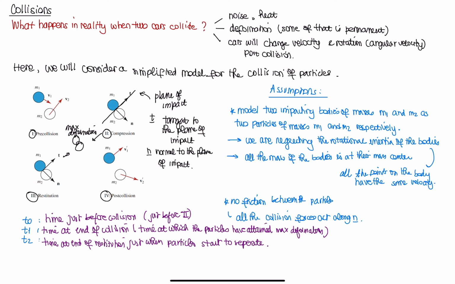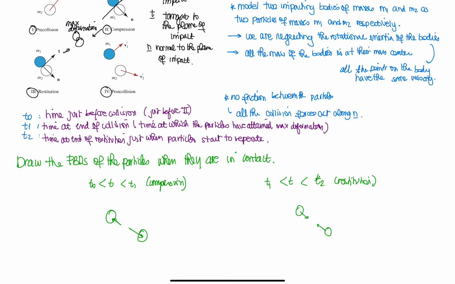I'm not sure if we can think about it this way, but you can think of a resultant restitutive force on each particle, and from our previous assumption there is no friction between the particles, so these forces are along n. So if this is particle 1, particle 2, particle 1, particle 2, these are the deformation forces, and these are the restitution forces.